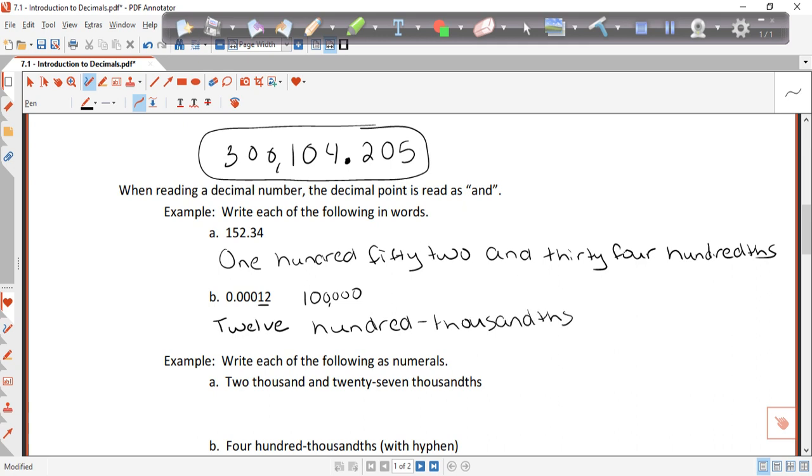Notice I put the dash here. You do need the hyphen in this case because 100-thousandths needs to show that it goes together. Okay, that is the place value. If you write 1200 thousandths without the hyphen, it will mean something else. And I will show that in just a minute.